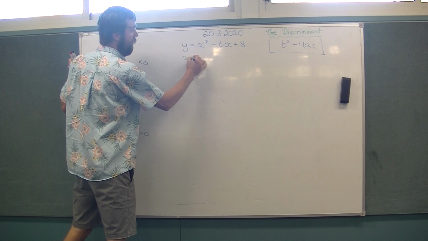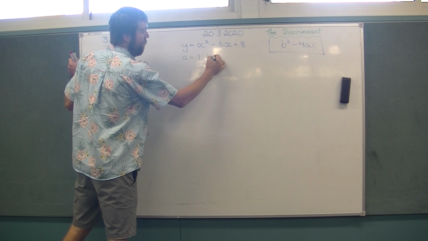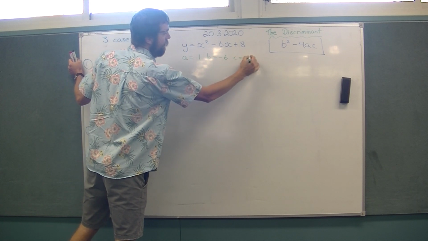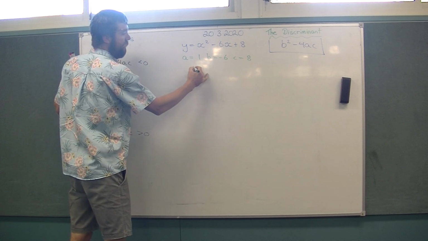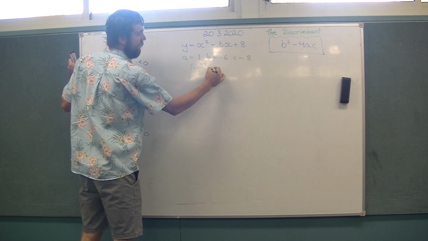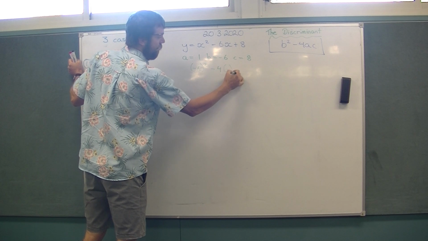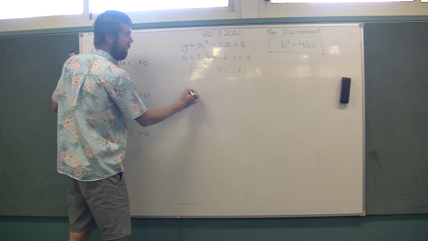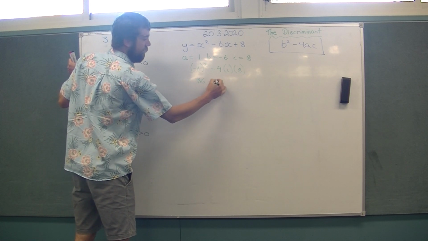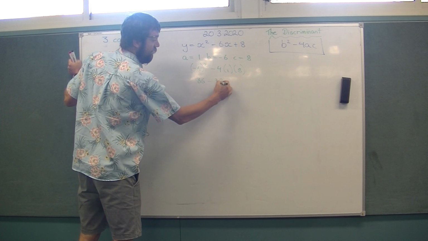So you want to go A equals 1, B equals minus 6, and C equals 8, and then sub it into the discriminant. Four eights are 32.